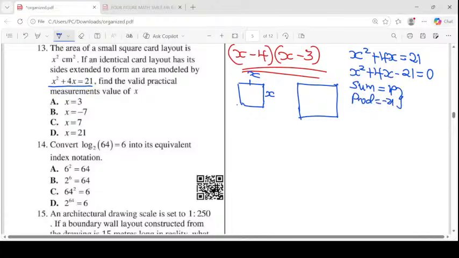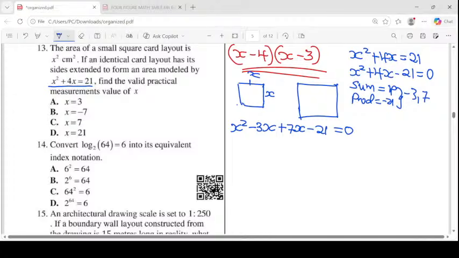This is exactly negative 3 and 7. So when you substitute, we are going to have x squared minus 3x plus 7x minus 21 being equivalent to 0.